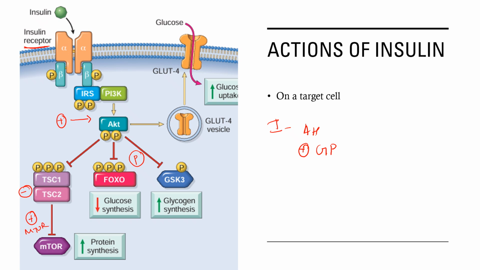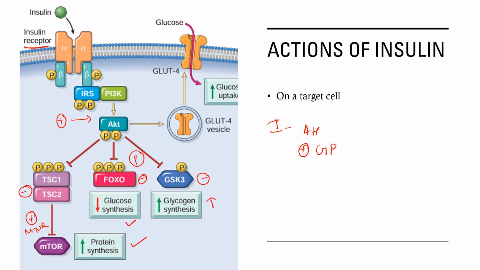Now this mTOR complex would lead to an increase in the protein synthesis. AKT also inhibits the FOXO protein. Now once it does that, it would lead to a decrease in the glucose synthesis, and it also inhibits the GSK3 protein, so that will enhance the glycogen synthesis.